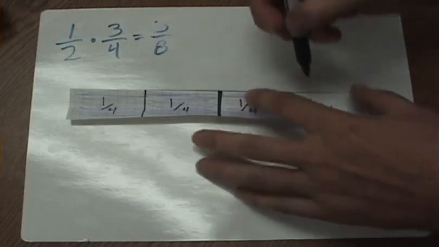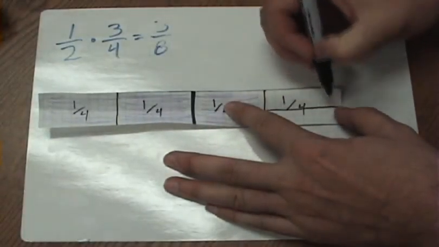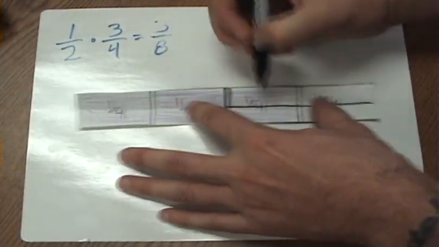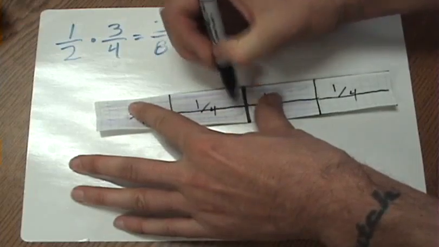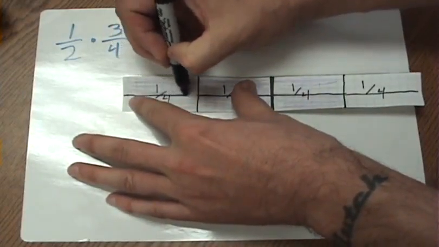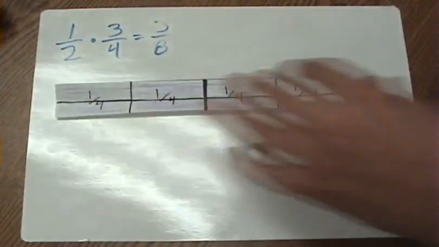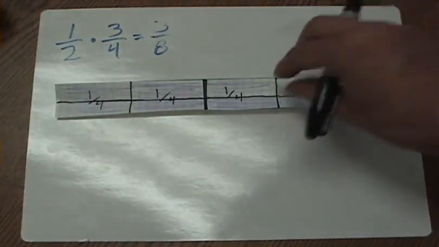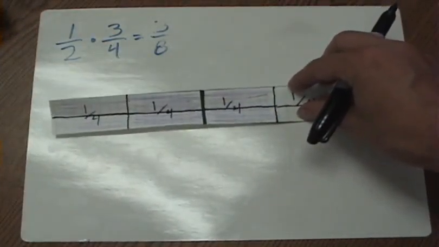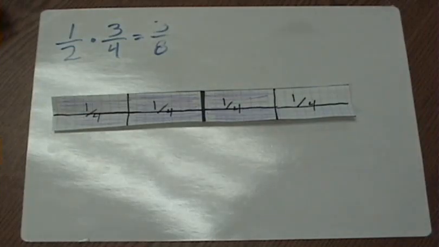What that's done is given us 8 parts to this fraction strip now, because I have 8 equal rectangles now that I've folded the strip with 4 rectangles in half.